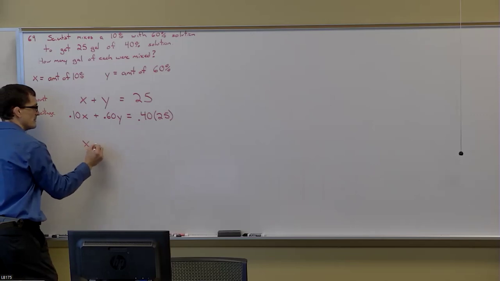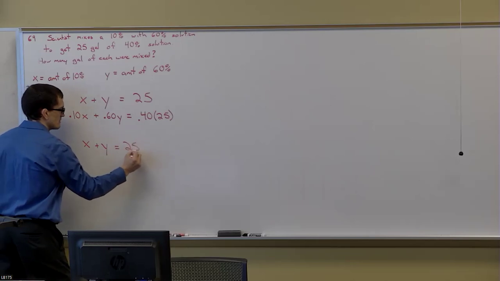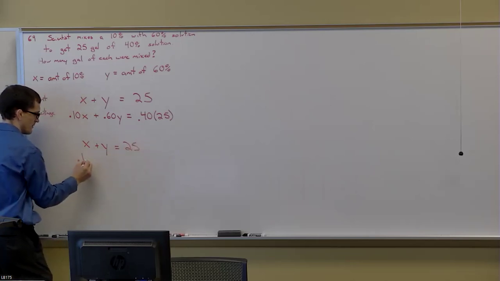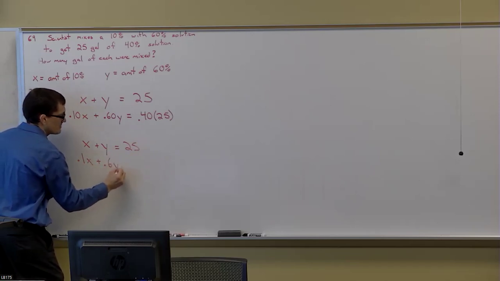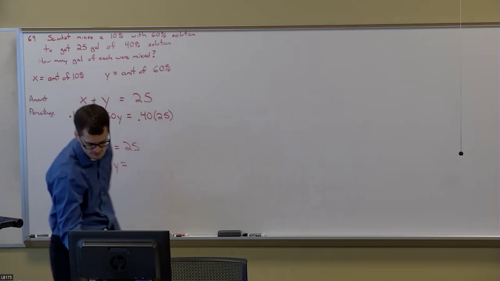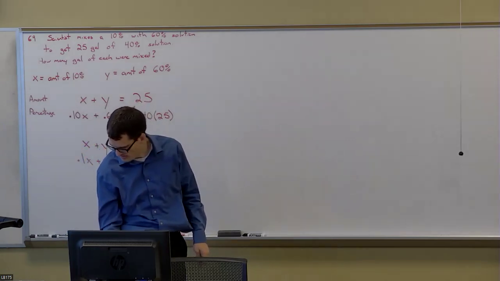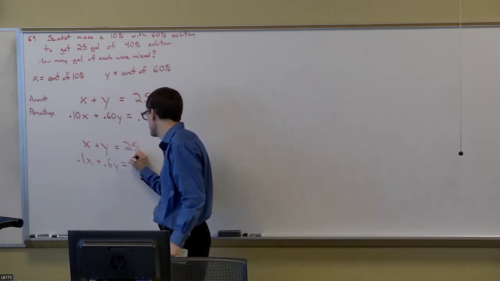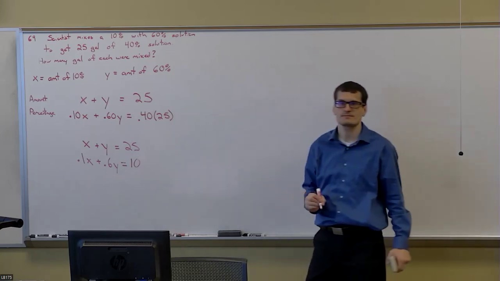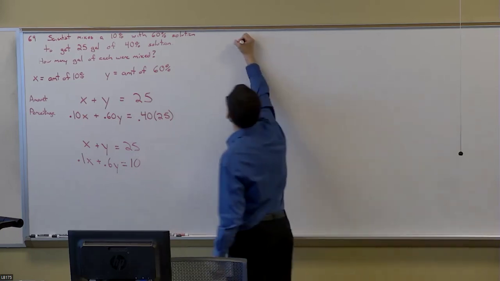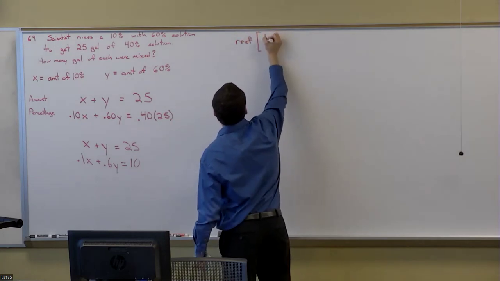So my system of equations is just that. Now I'm gonna write this a little bit nicer, just 0.4 times 25. I don't know what that is off the top of my head, so I'm gonna type it in. That's 10. And then I say, well, now let's solve it.